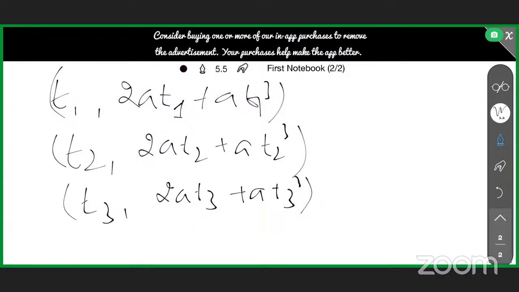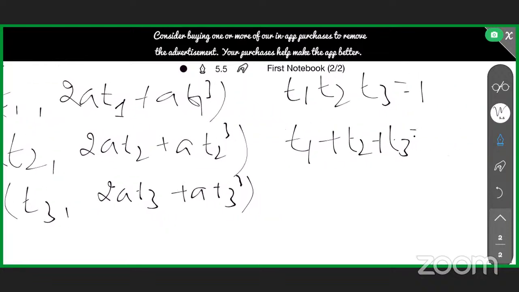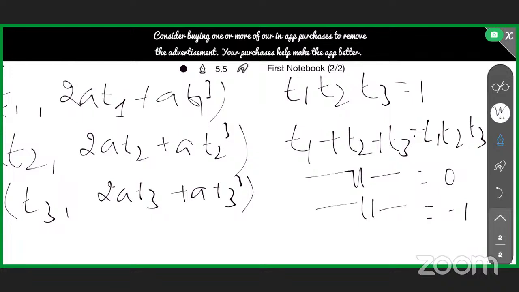On which condition will these 3 points become collinear? Option A, T1 T2 T3 is equal to 1.